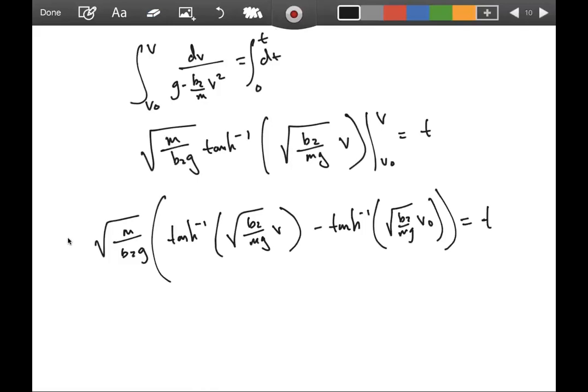Good. Solving this guy for v, basically what I have to do is multiply by the coefficient out here, then add the hyperbolic term to the other side, then take a hyperbolic tangent of both sides, and then divide by this term here.